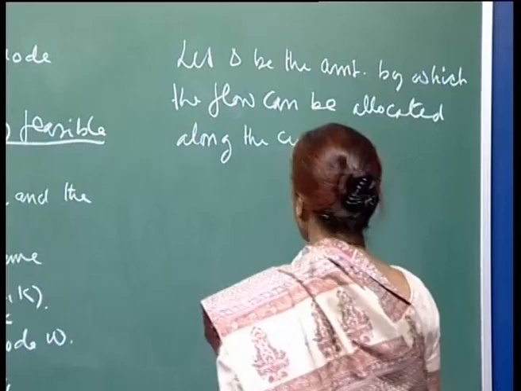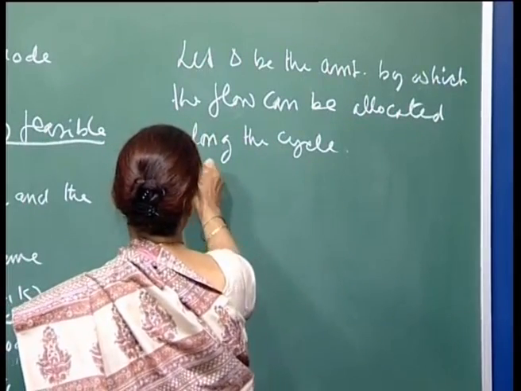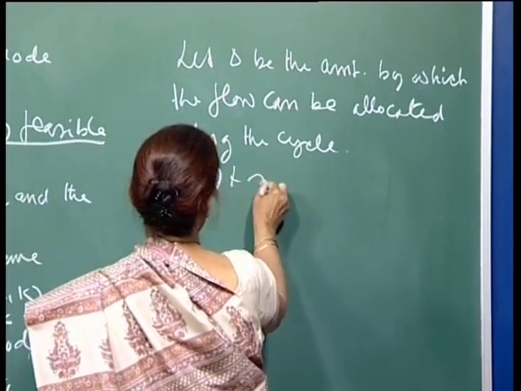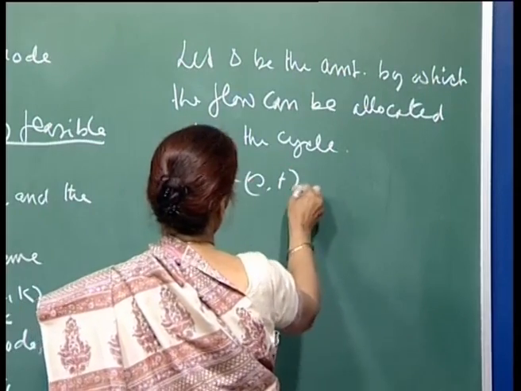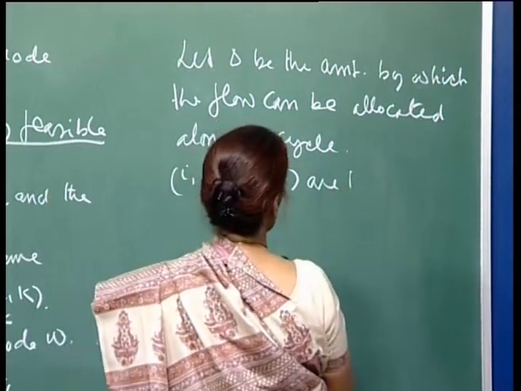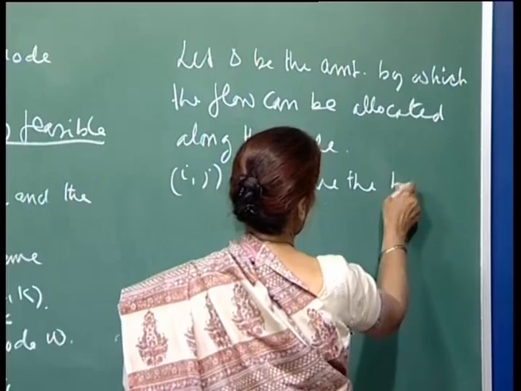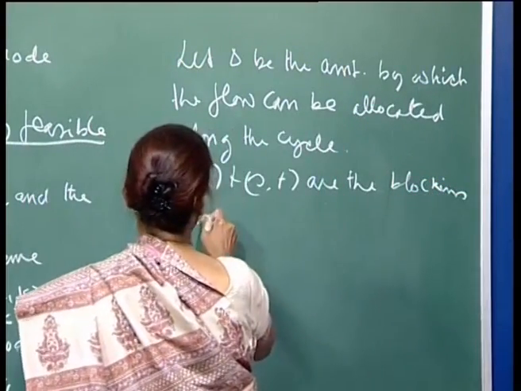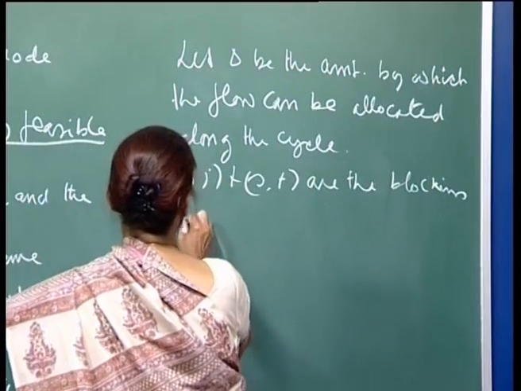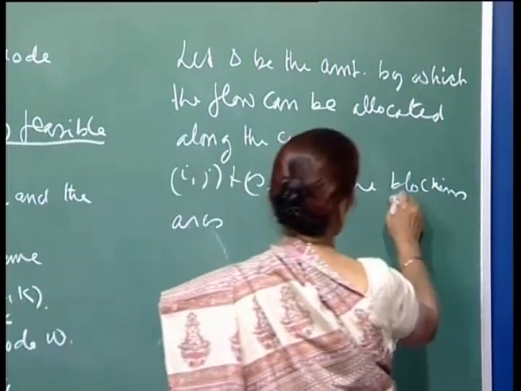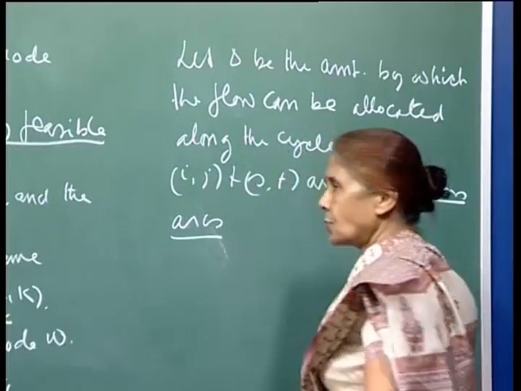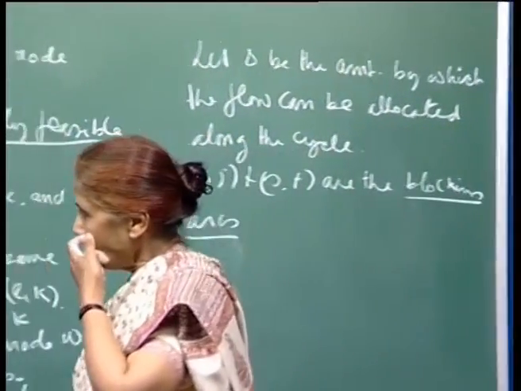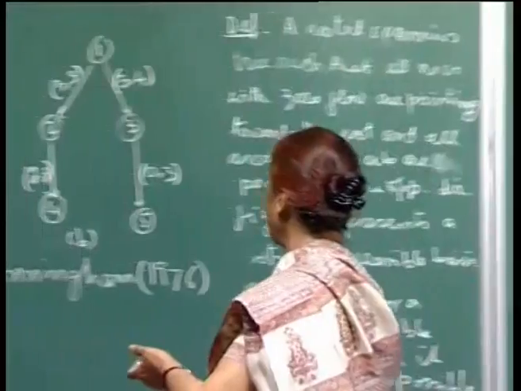And suppose that Ij and St are the blocking arcs. There will be more than 2 blocking arcs. By blocking arcs we mean the arcs which will limit the value of delta, right.